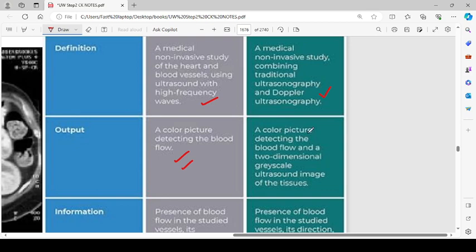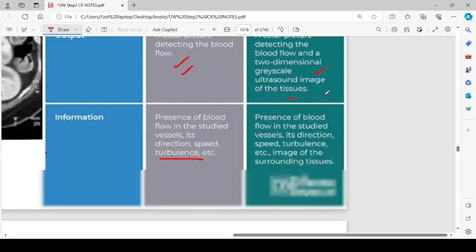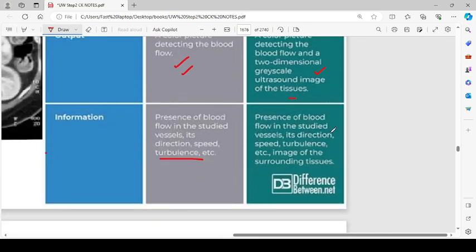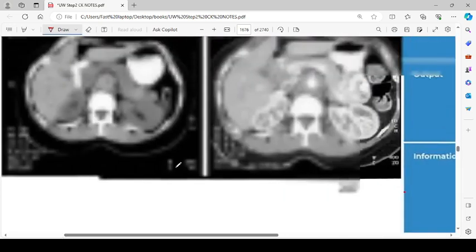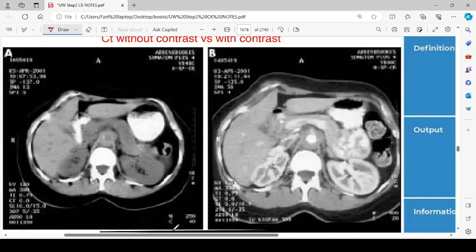The output is a color picture detecting the blood flow and a two-dimensional grayscale ultrasound image of the tissue. Information is the presence of blood flow in the studied vessels, its direction, speed, turbulence, etc. Image of the surrounding tissue will be seen. So I guess the Doppler does not show the image of the surrounding tissue, and duplex shows it.